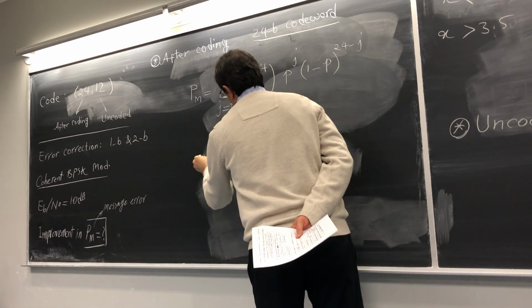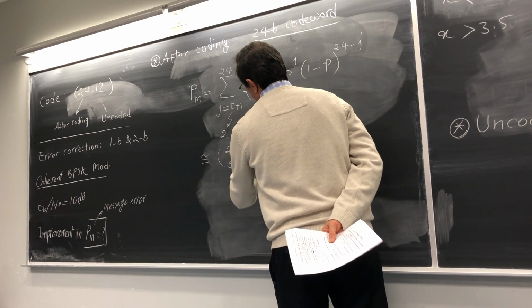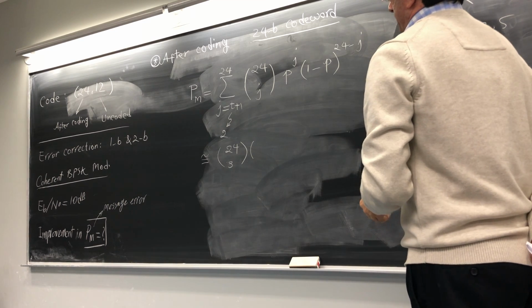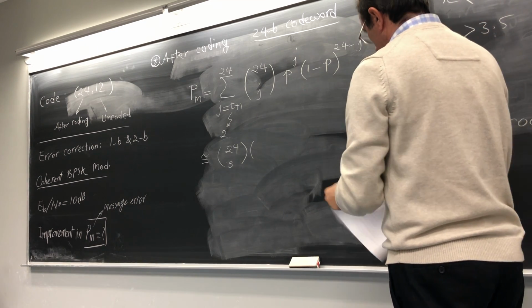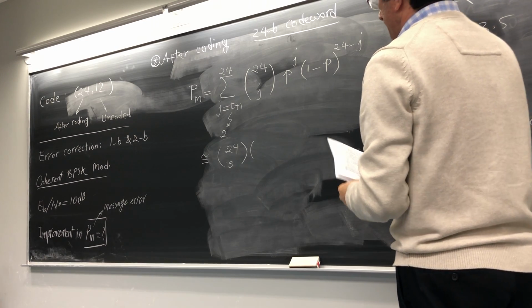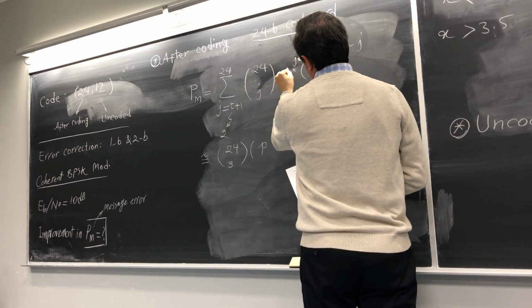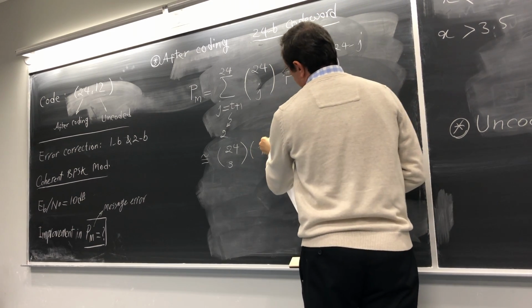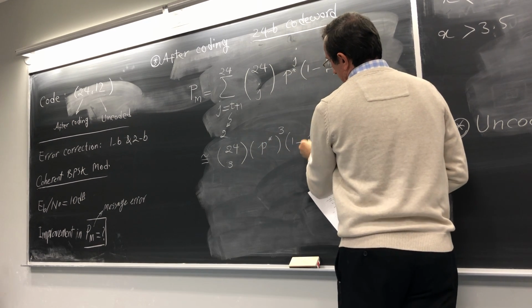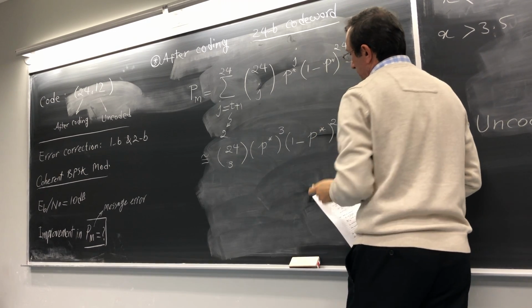And that can be approximated to 24 choose 3 times, well, this one is supposed to be p asterisk, to the power of 3, times (1 minus p asterisk) to the power of (24 minus 3), which is going to be 21.